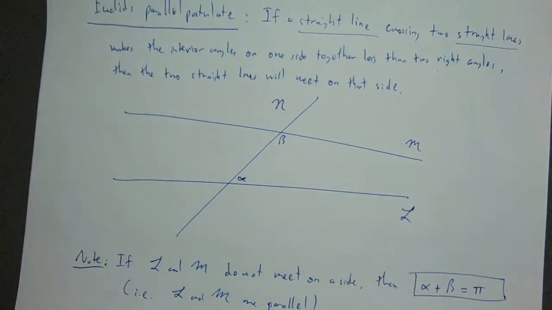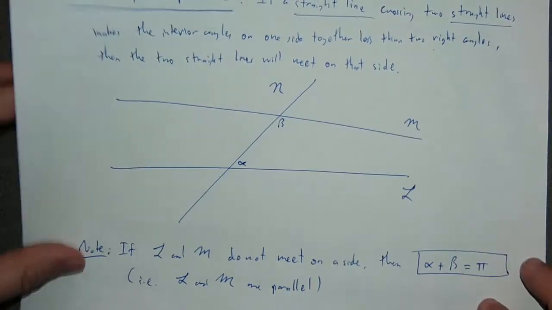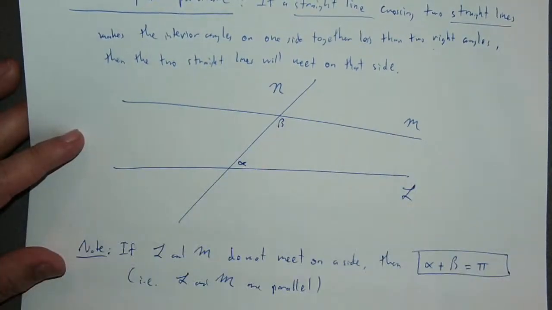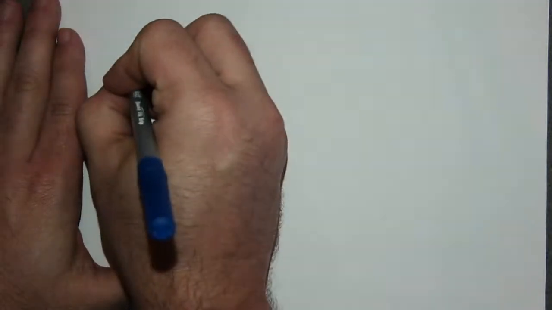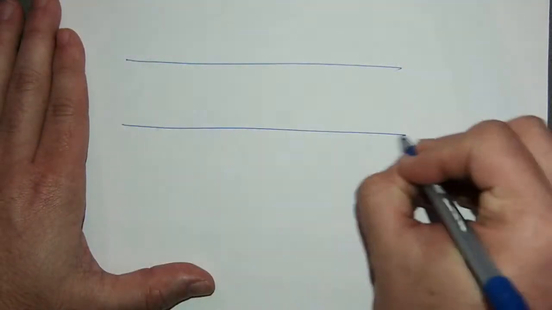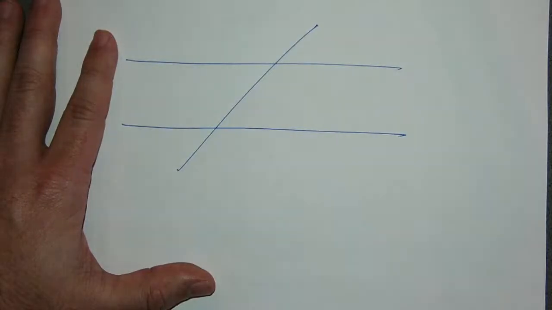That's all that's saying. So alpha and beta together make a straight angle, is what is being said here. Okay. And so it turns out that in that case, what does this picture look like? This picture is actually the following picture.